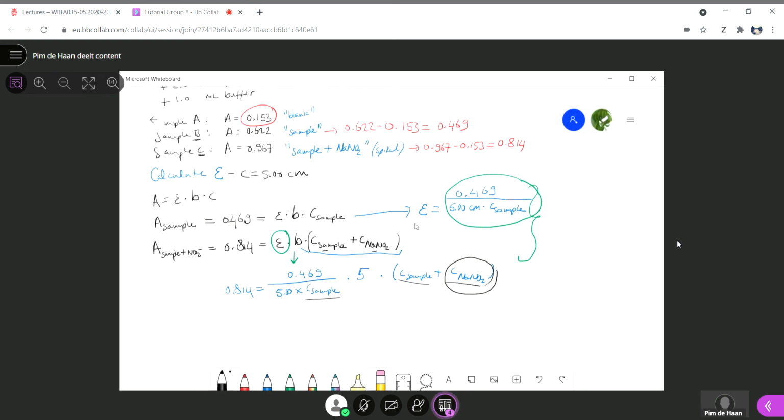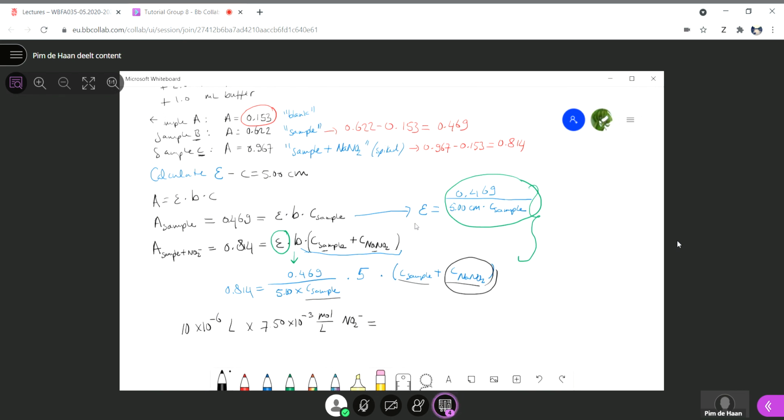Because it is given in the question that 10 microliters of a solution of 7.50 times 10 to the minus 3 molar nitrite was used. And then we can multiply these two.